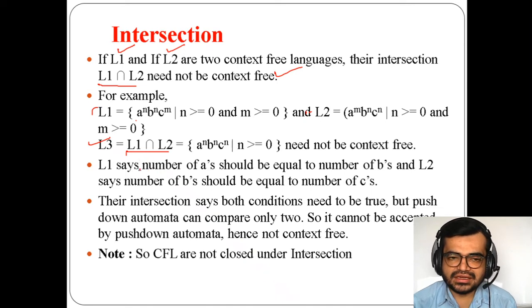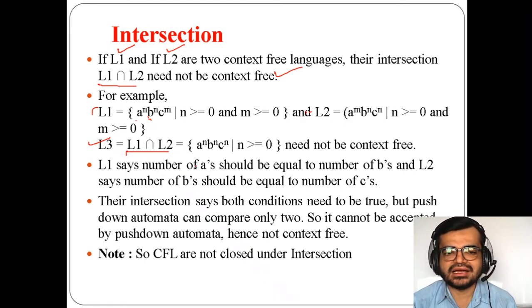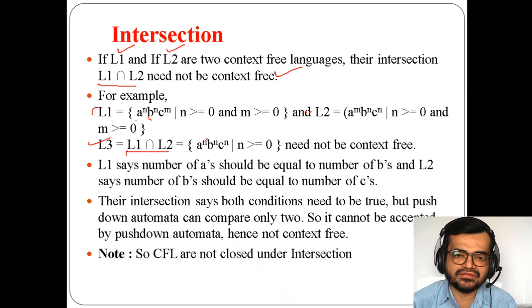How? If I take the common part, what you will get is b to the power of n, which is common. Here a to the power of n is there, and here a to the power of m is there. We are not saying we take n or m; we stick with one value.